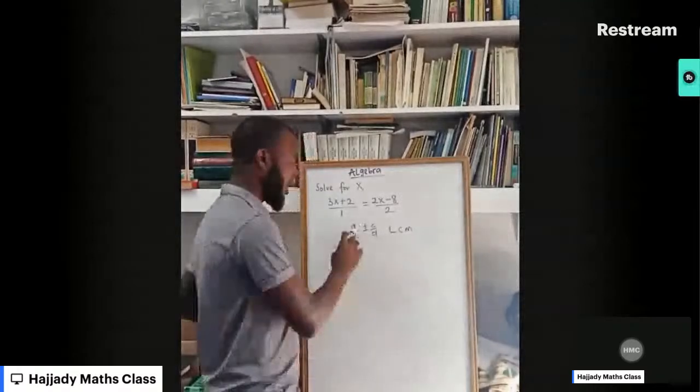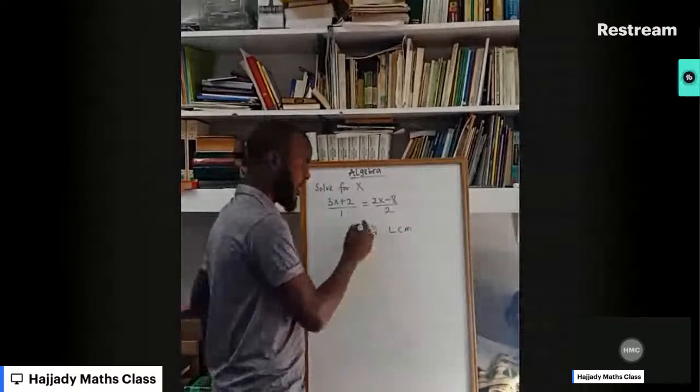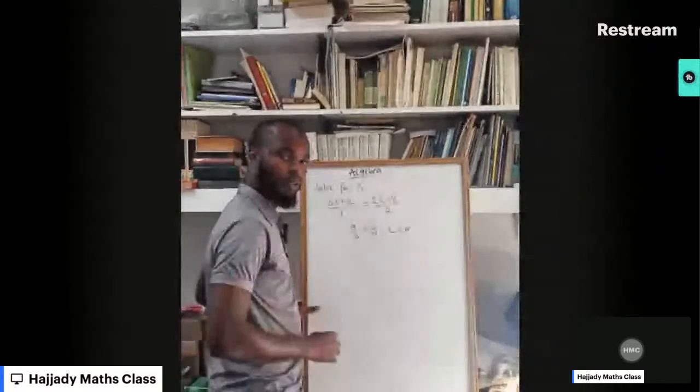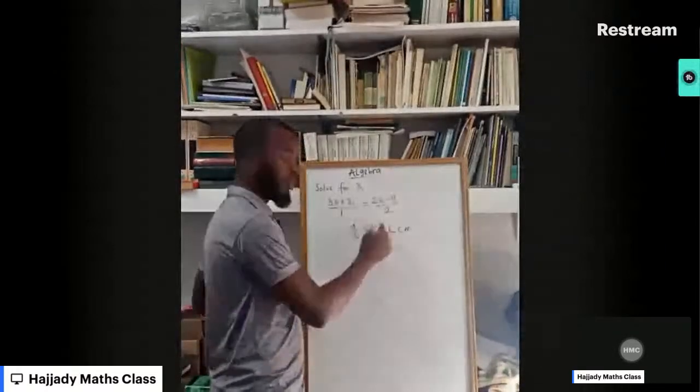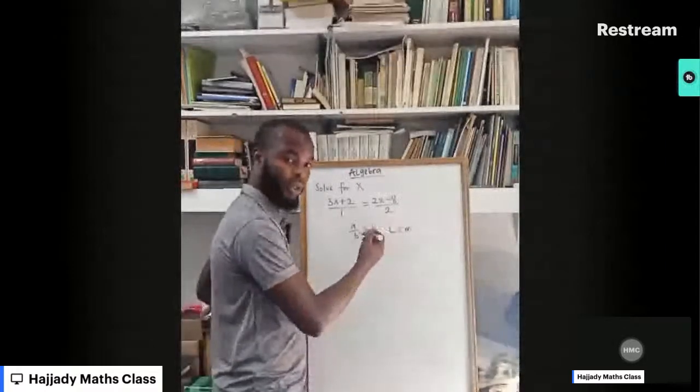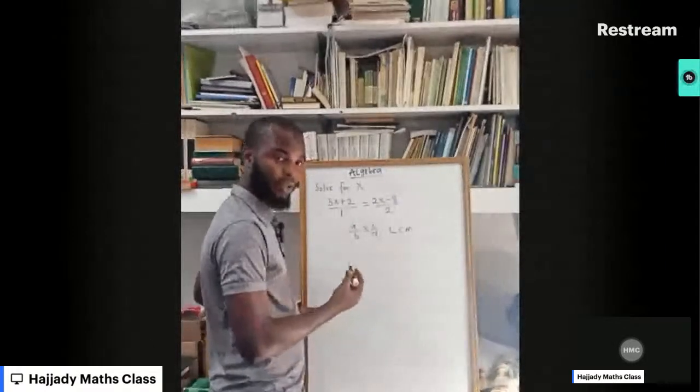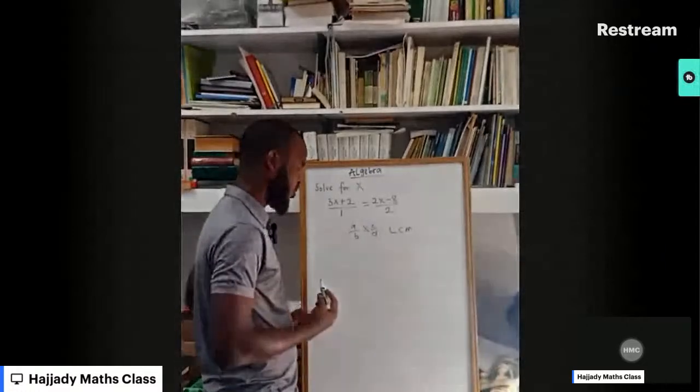But when you have these two fractions separated by multiplication, what you need to do is to multiply out. You can multiply the numerator and then multiply the denominator. That is the best way for you to do that.